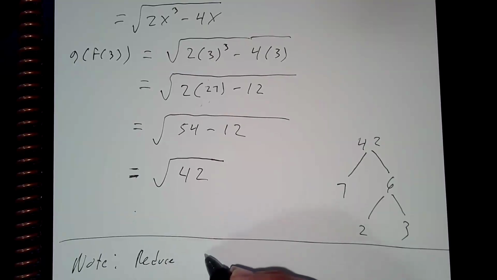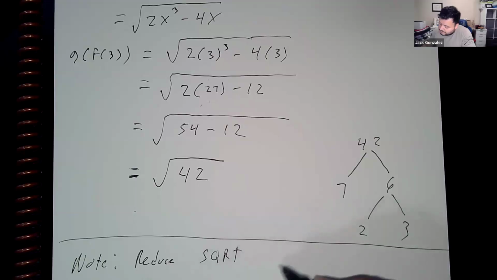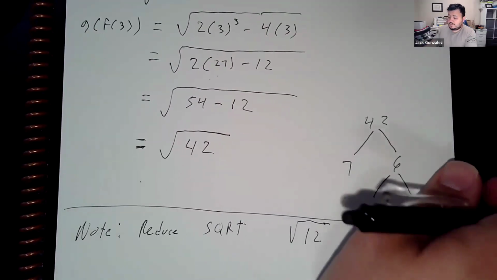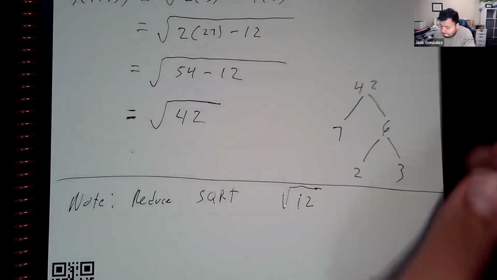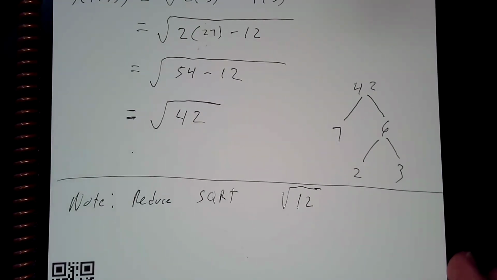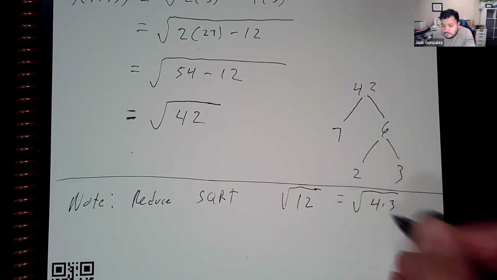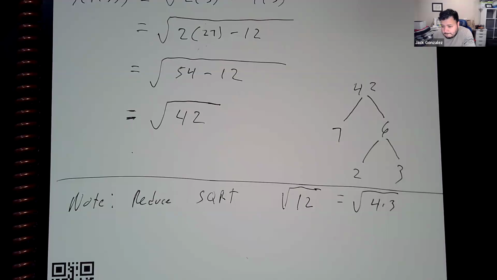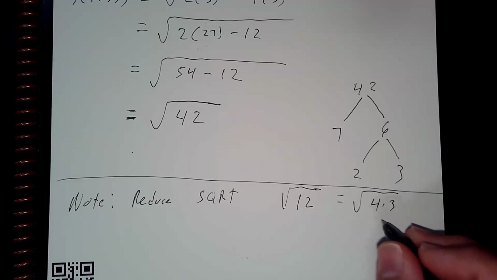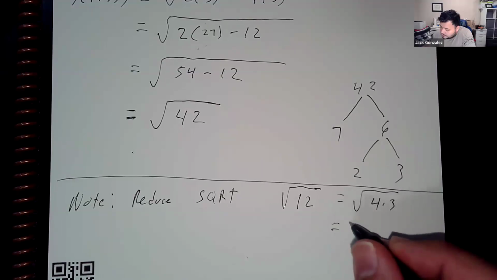Little side note: reduce square roots, in case you forgot. Let's do a simple quick example. Do you agree that 12 contains a squared factor? 4 times 3. So you can square root the 4, and this reduces to 2 square root 3.